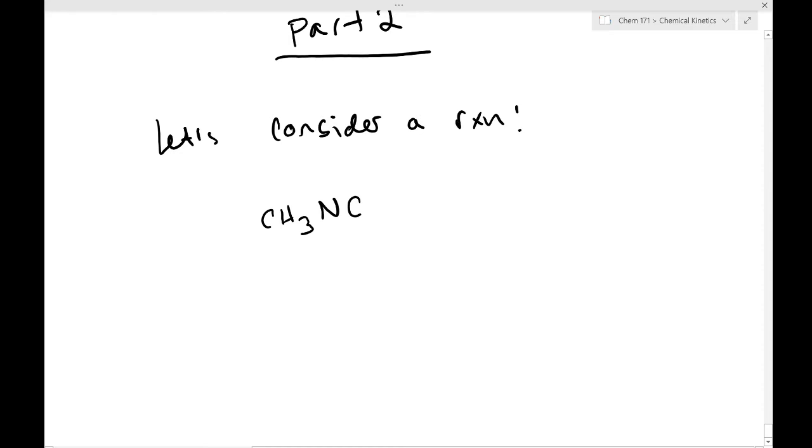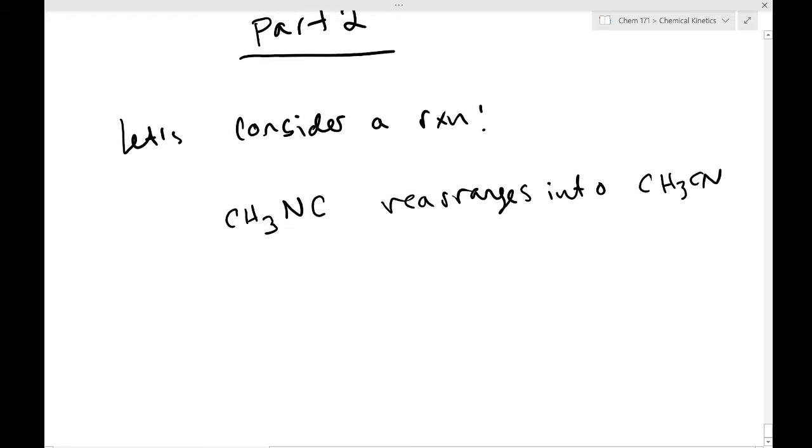And it's a really weird looking chemical, which tends to rearrange to acetonitrile, which is kind of another weird looking chemical. Okay, so this is methyl isonitrile, and this is acetonitrile.